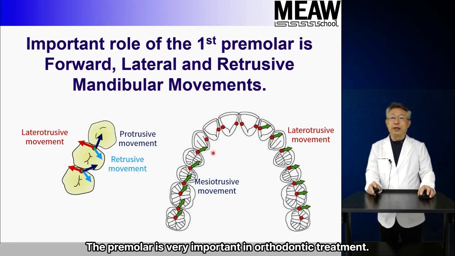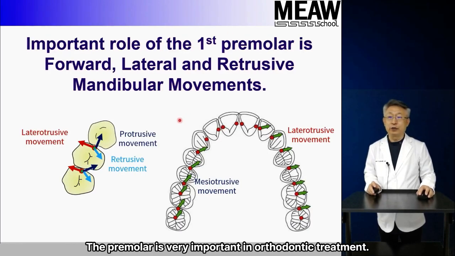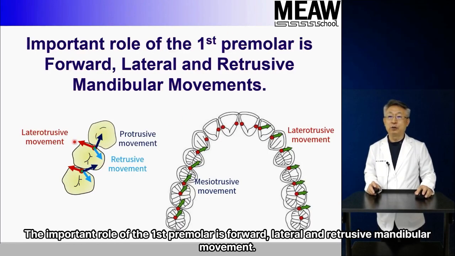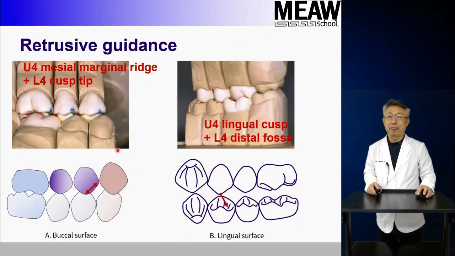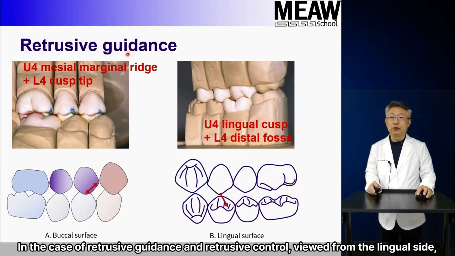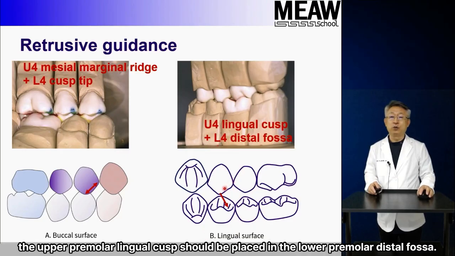The premolar is very important in orthodontic treatment. The important role of the first premolar is forward, lateral, and retrusive mandibular movement. In the case of retrusive guidance and retrusive control, viewed from the lingual side, the upper premolar lingual cusp should be placed in the lower premolar distal fossa.